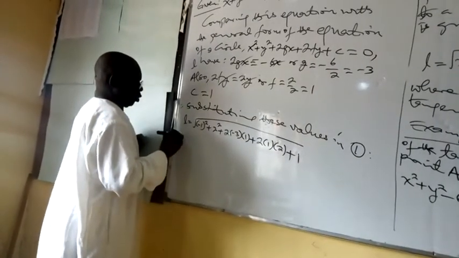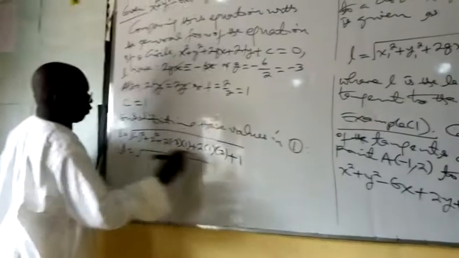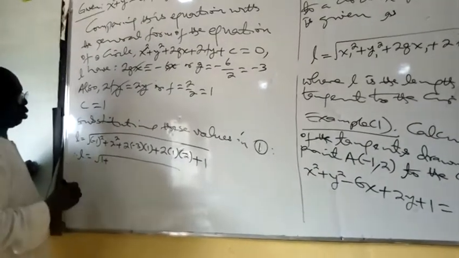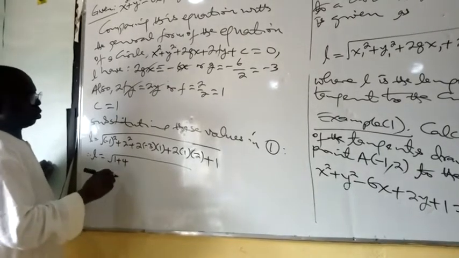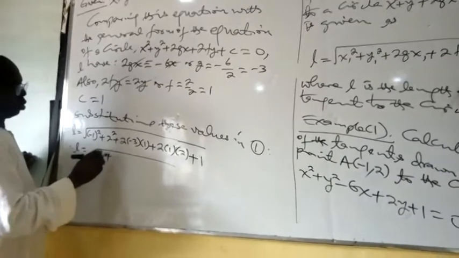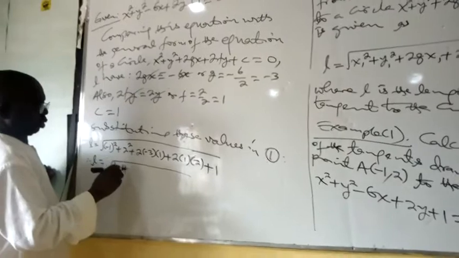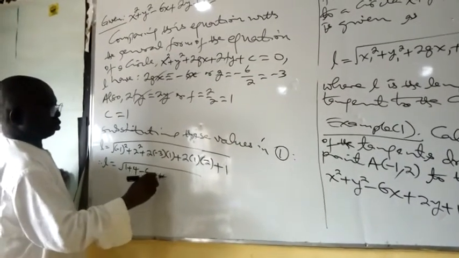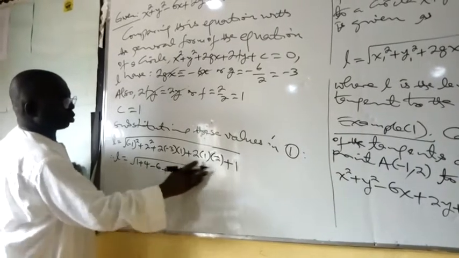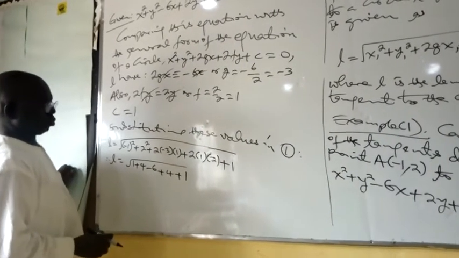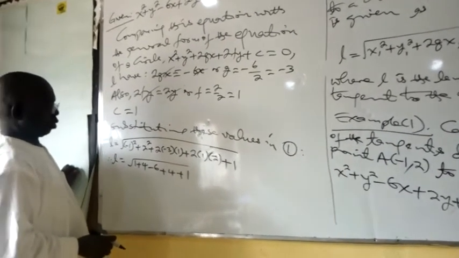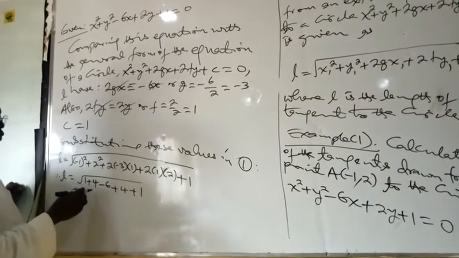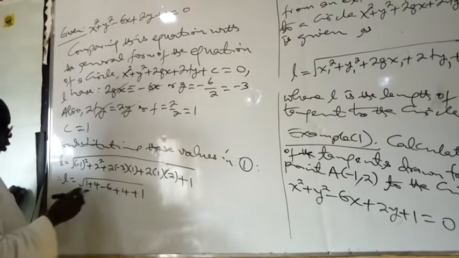So L is equal to the root of minus 1 squared is 1, 2 squared is 4, 2 times minus 3 is minus 6, plus 4, plus 1. So I have 1 plus 4 is 5, plus 4 plus 1 is 10, minus 6.